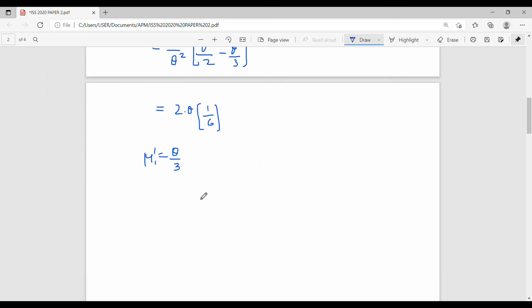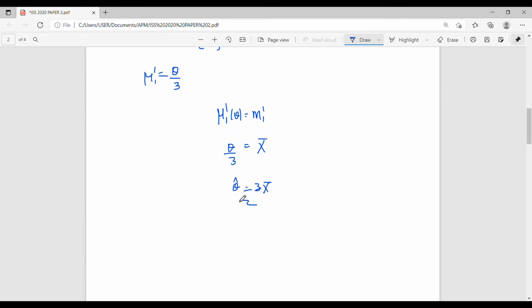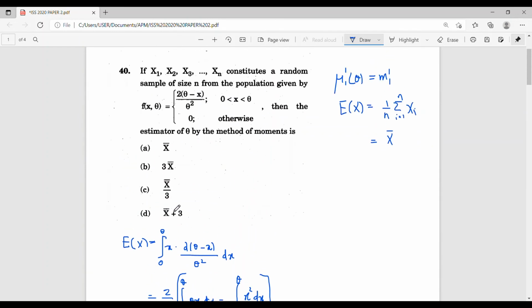Now equating the first moment mu 1 dash of theta with the first moment of the sample m1 dash, we get theta by 3 is equal to x bar, or the estimator theta hat is equal to 3 times x bar. So the moment estimator of theta is equal to 3 into x bar. So the answer is option B. Thank you.